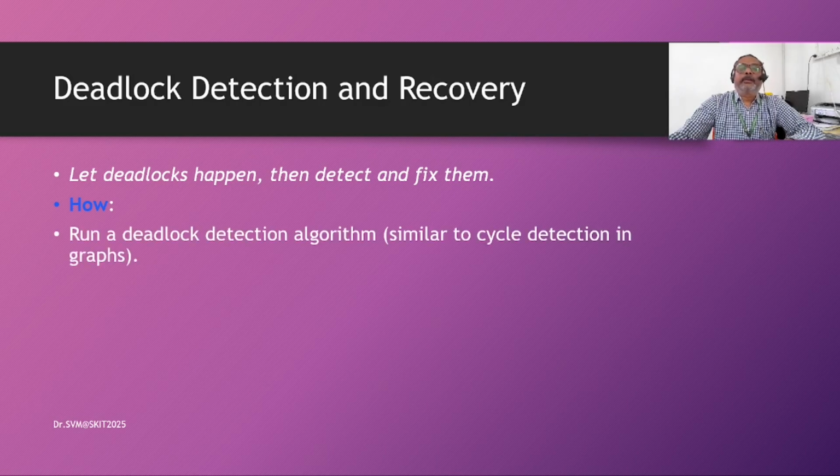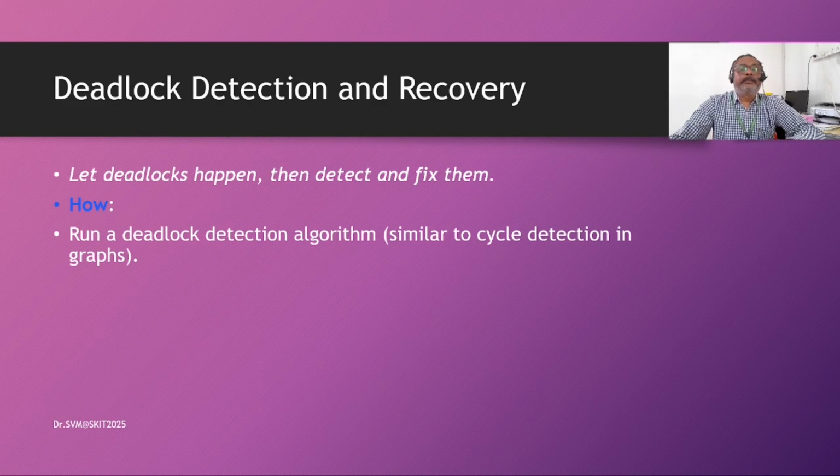How to do that? There is an algorithm required for detecting the deadlock. That's similar to cycle detection in graphs. Just as we discussed in the previous session, the four conditions need to be satisfied, so just keep watching. Have an allocation graph and keep looking: is there a cyclic wait? If yes, there is deadlock.